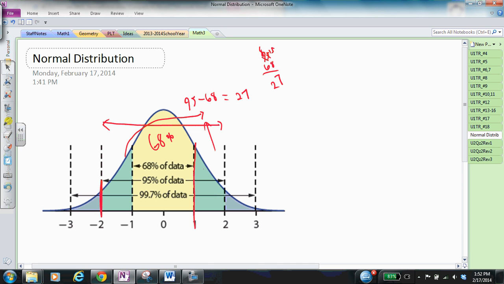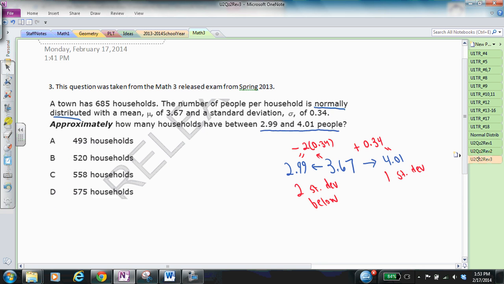So each green piece is half of 27, which is 13.5. So we're not concerned about this part. We're only concerned about this range right here. So 68 plus 13.5 gives me 81.5%. So 81.5% of people fall in that range.